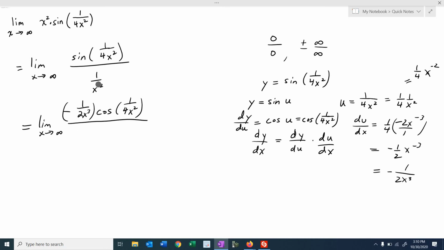I'm going to go ahead and put that in front of the cosine function. Okay, now that needs to be divided by the derivative of this function, which we already found. Go ahead and rewrite that as x to the negative 2 and use the power rule, so you get negative 2x to the negative 3.